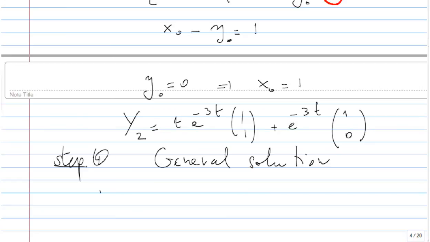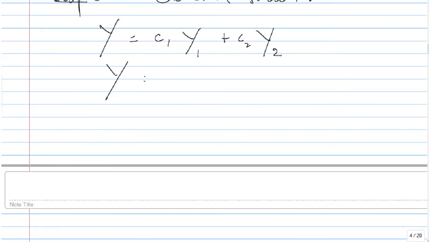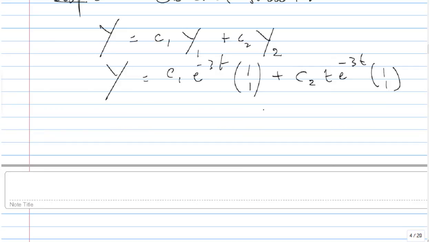In this case, Y, the one that describes all the solutions, is going to be c1 Y1 plus c2 Y2, or Y equals c1 e to the minus 3t times 1, 1, plus c2 times t times e to the minus 3t times 1, 1, plus c2 e to the minus 3t times 1, 0.